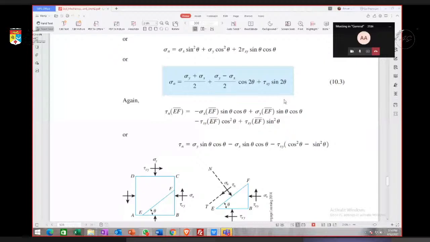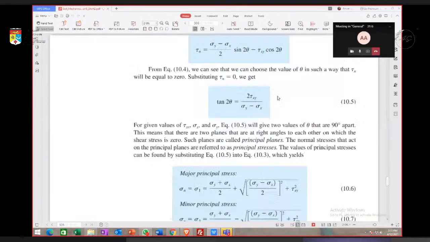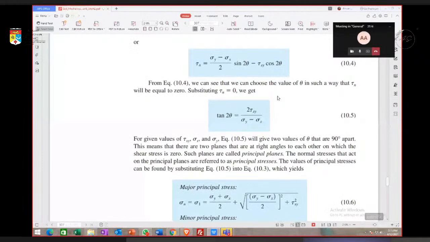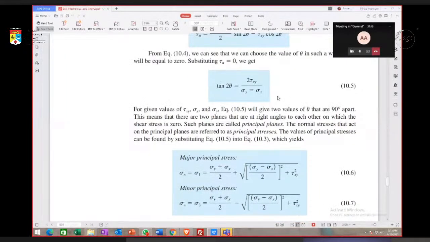You should learn this in your strength of material. Okay, how to get the sigma 1, how to get the sigma 3, and also to get the angle of inclination.